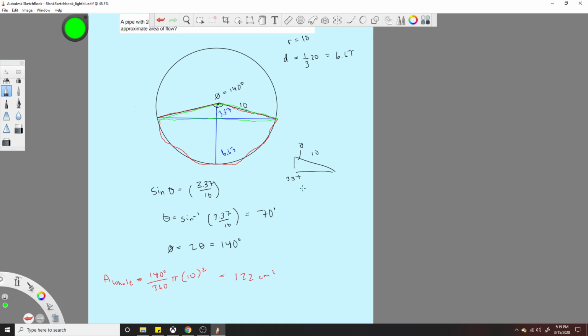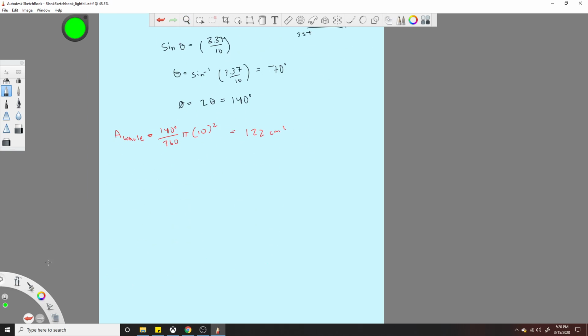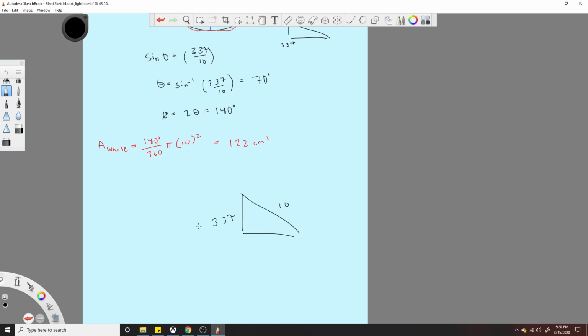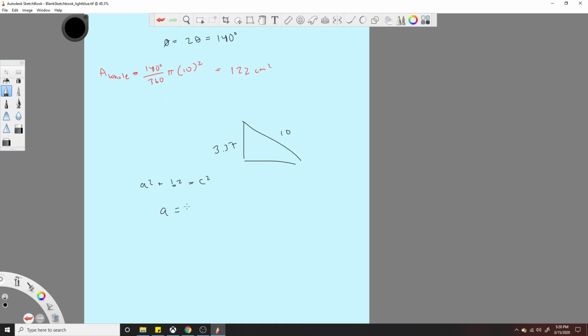So we need to find this base because so far with our triangle, we have 10, 3.37. So to find this base value, we just do a squared plus b squared equals c squared. A equals root c squared minus b squared.